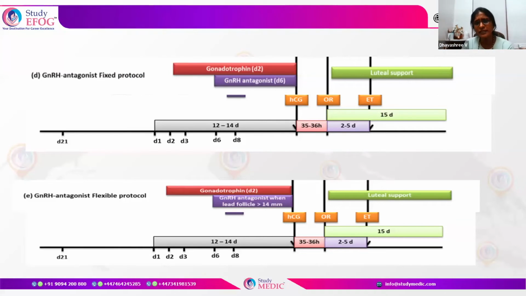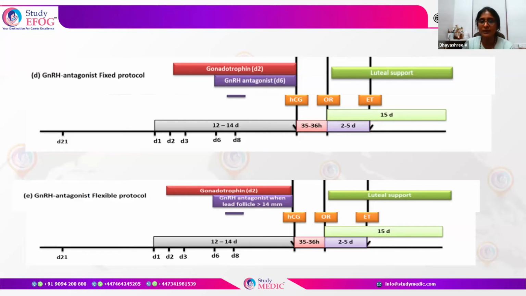So in a fixed protocol, the antagonist is started on day 6 to prevent an LH surge. In a flexible protocol, we keep looking at the ultrasound, and once the follicle is around 13 to 15 mm, we start the antagonist on that day, because usually 13 or 14 mm is the time when the premature LH surge starts.